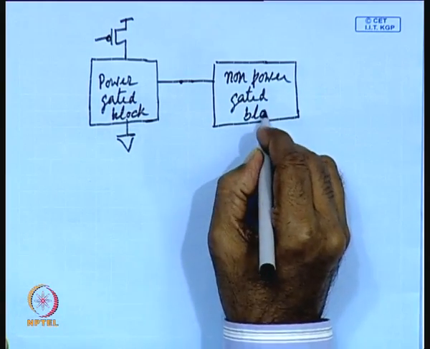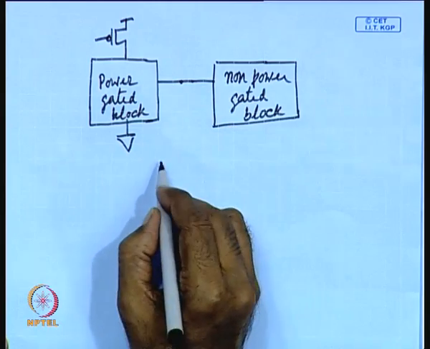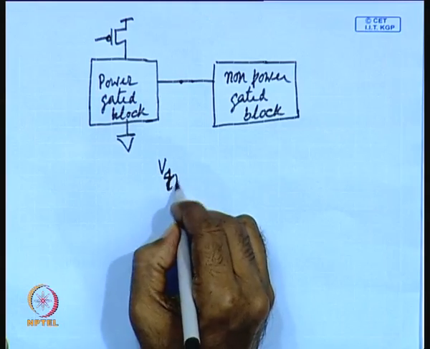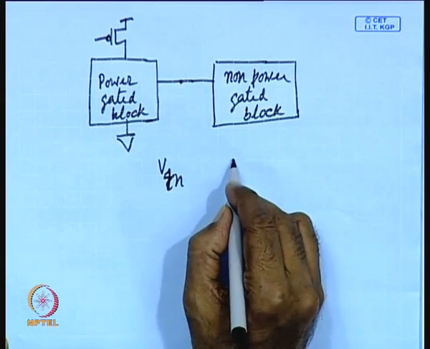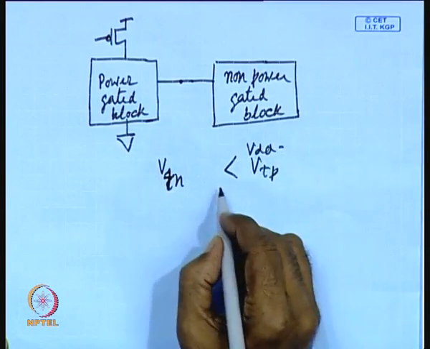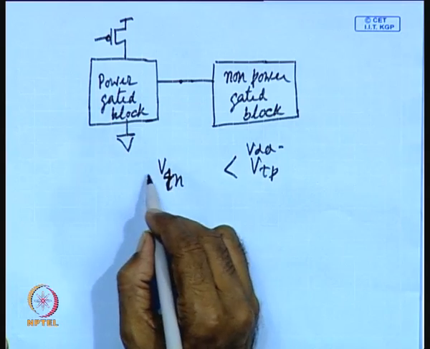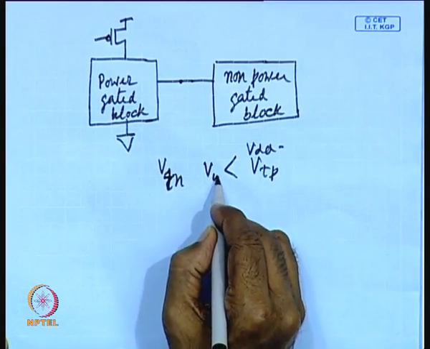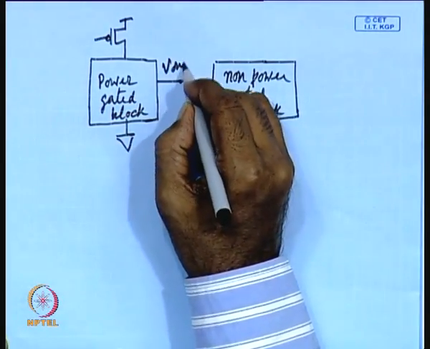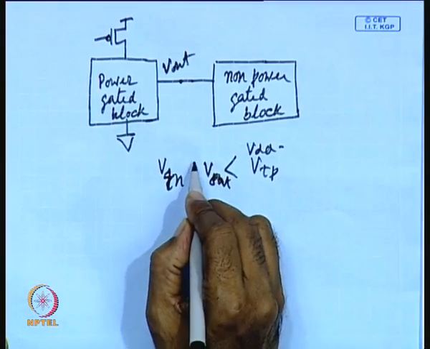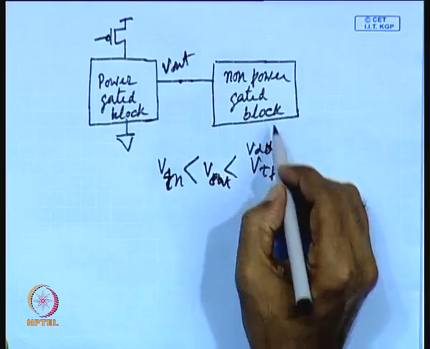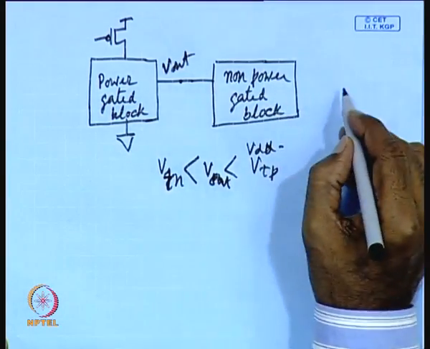then what happens? If this voltage V out is greater than VTN but less than VDD minus VTP, then what will happen in this part of the circuit, there will be short circuit power.